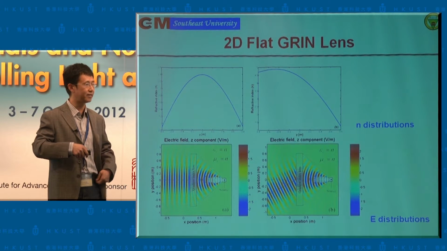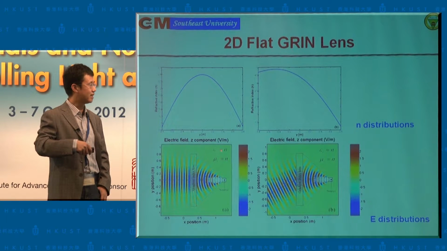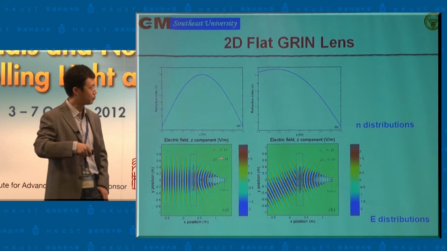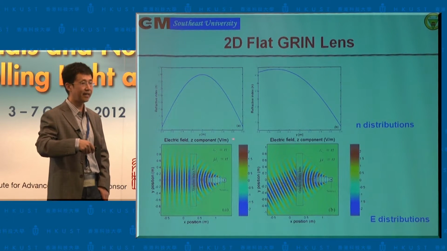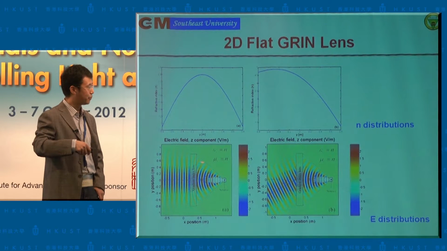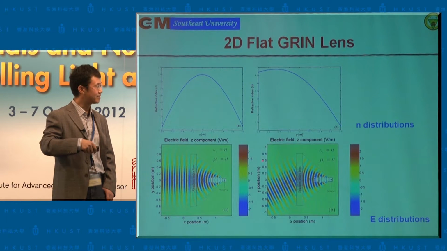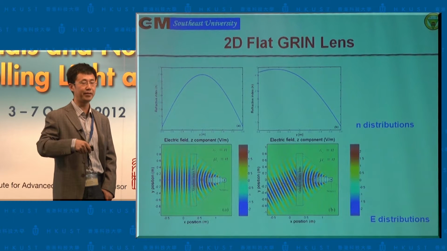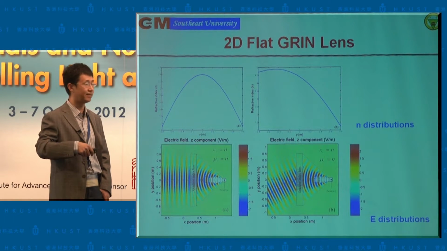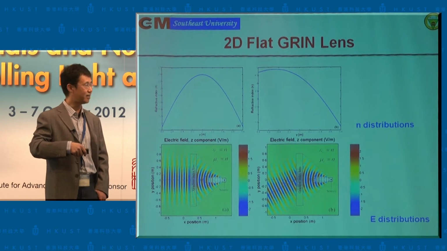For this simulation, we choose epsilon and mu to be equal, and both of them equal to n. The reason we choose this case is that we can get a perfect impedance match to the free space, and then we can get very good antenna performance.